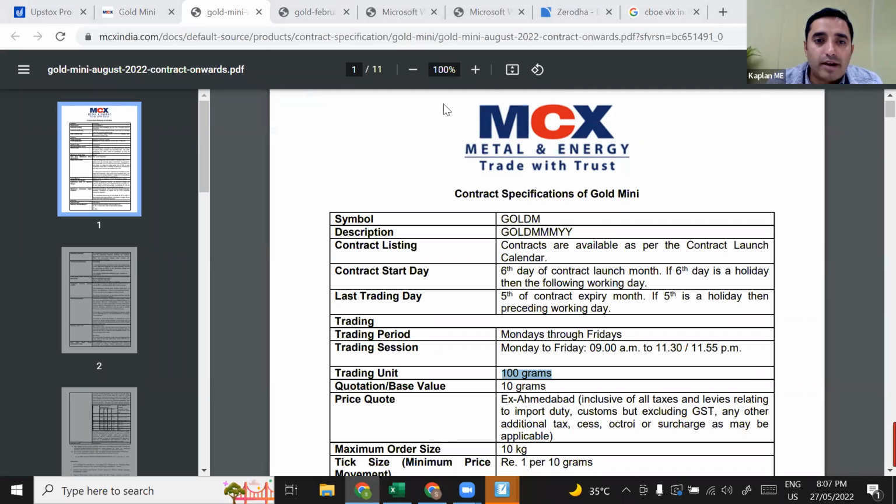Mahesh, do we have to keep a minimum balance with Interactive Brokers? You don't have to maintain a minimum balance with Interactive Brokers, but definitely if you're trading in derivatives, you need to maintain some margins. But to open an account, I don't think you really need any substantial amount.